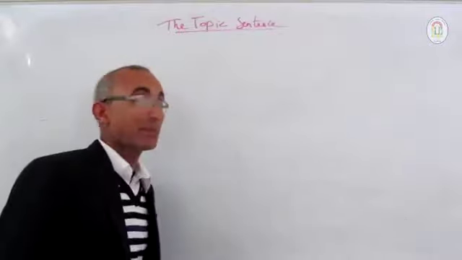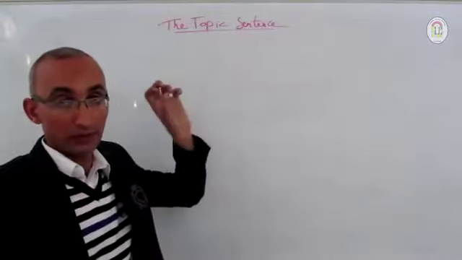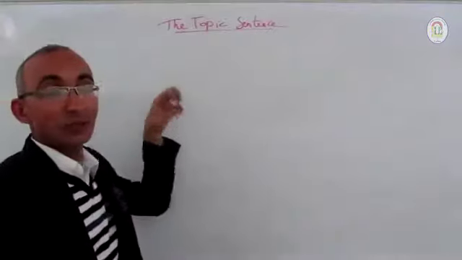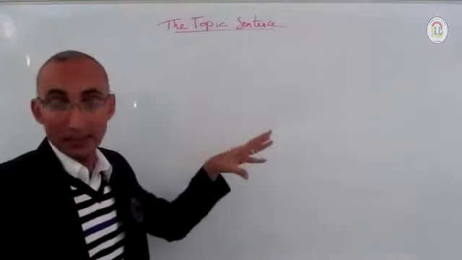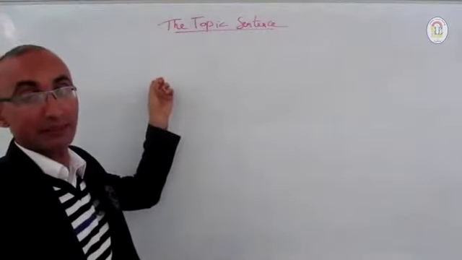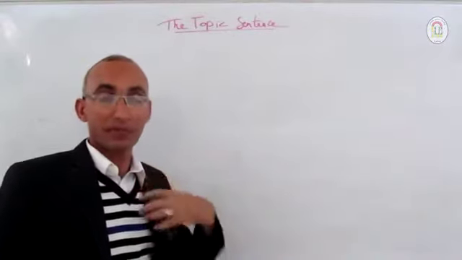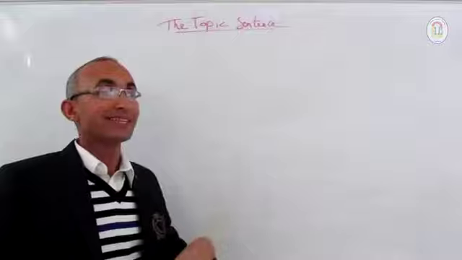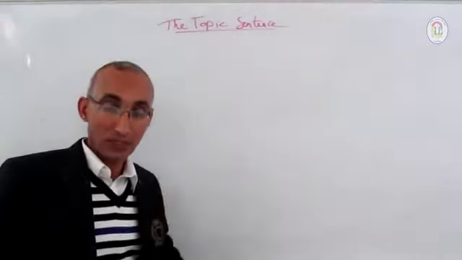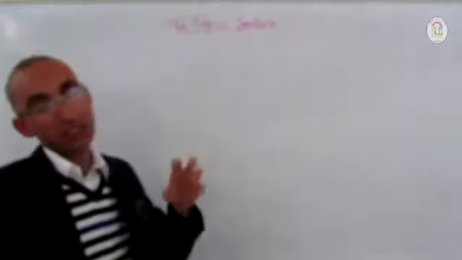Now, as its name implies, the topic sentence is usually the first sentence, which introduces, which contains, which presents mainly the topic of the paragraph. It means, as writers, we must inform our reader from the beginning of the paragraph, out of directness, explicitness and clarity, that the paragraph is going to be about such and such a topic.